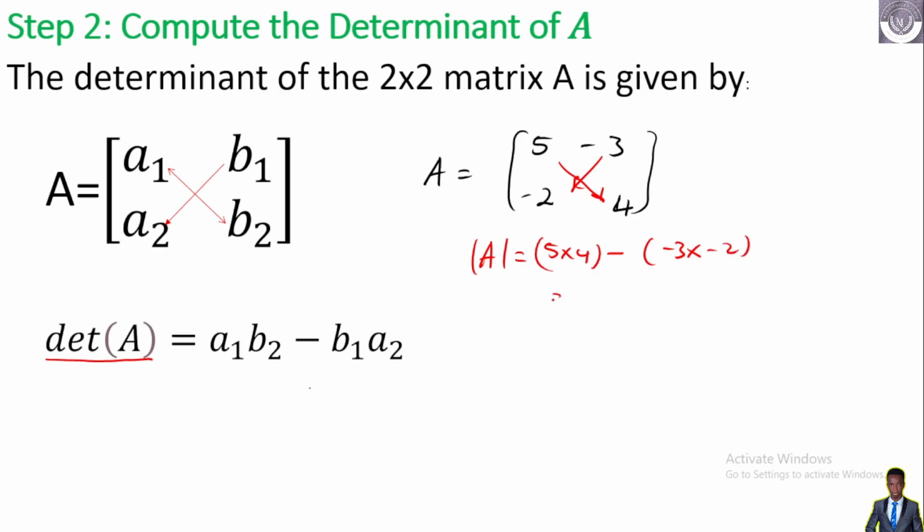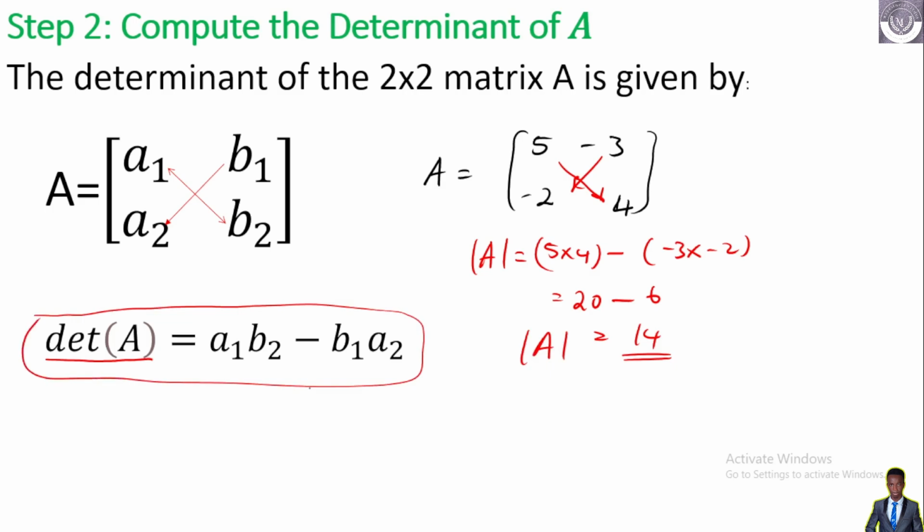So 5 times 4 is 20, minus 3 times minus 2, this is 6. So the determinant now is 20 minus 6, this is 14. So the determinant of A is going to be 14. So this is exactly what they are explaining there. This is the reality aspect of it.